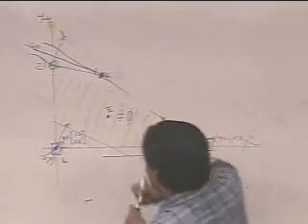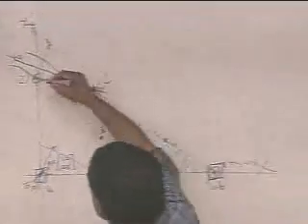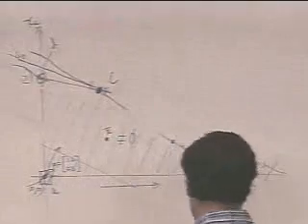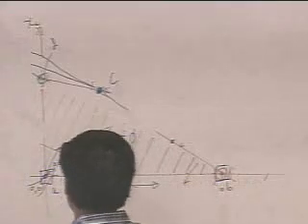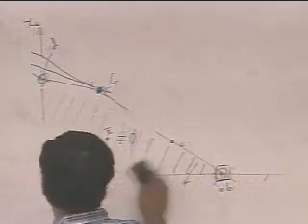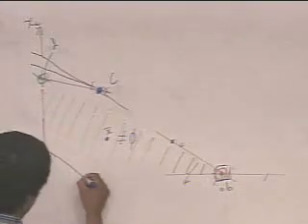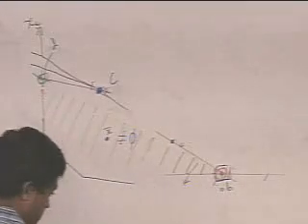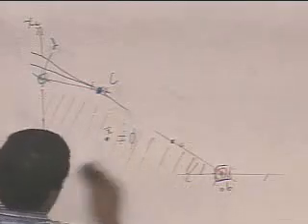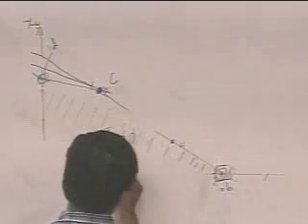So I'm sitting at this corner, my corner C. Here's my corner D on this side. And let's just make our life a little complicated and say that the feasible region looks like this. So let's just change the feasible region a little bit.